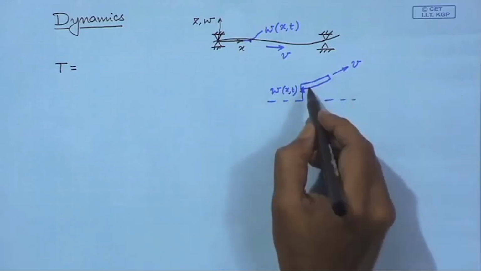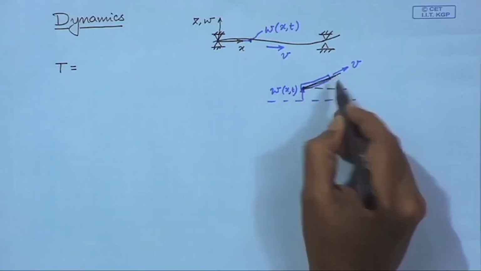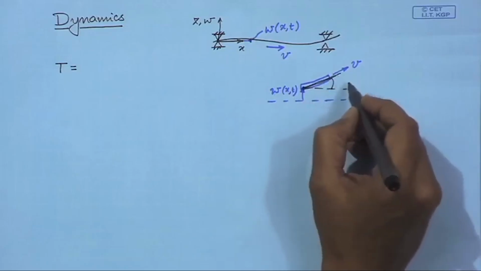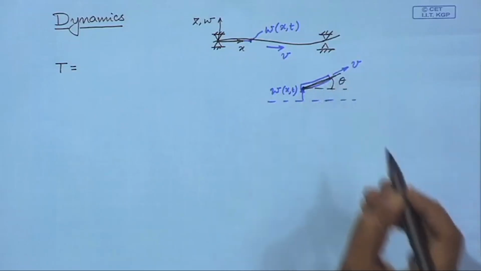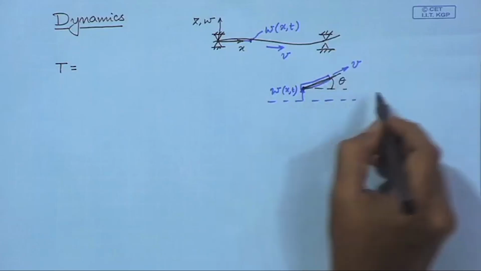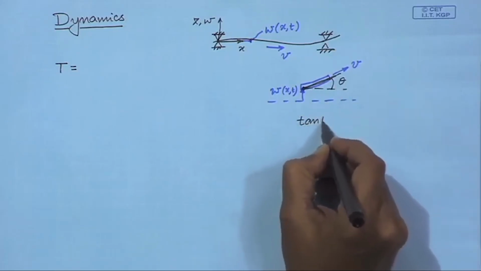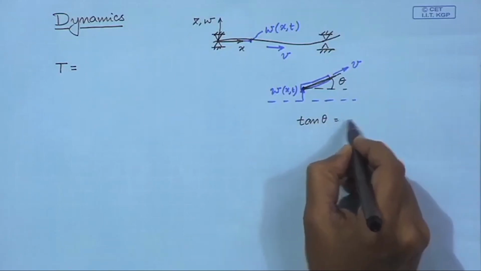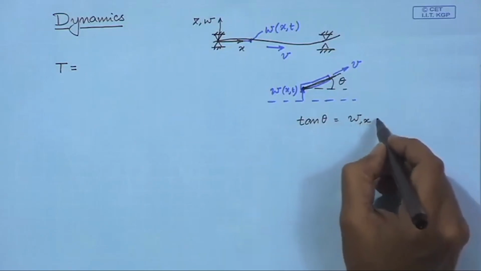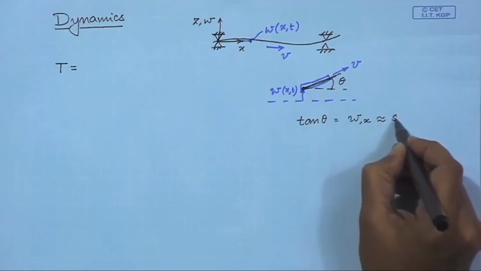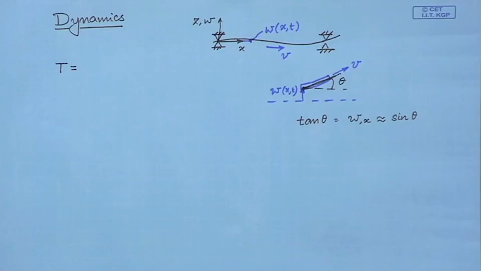Now, suppose this angle is theta, then we know that tan theta is del w del x, approximately equal to the sine of that angle.